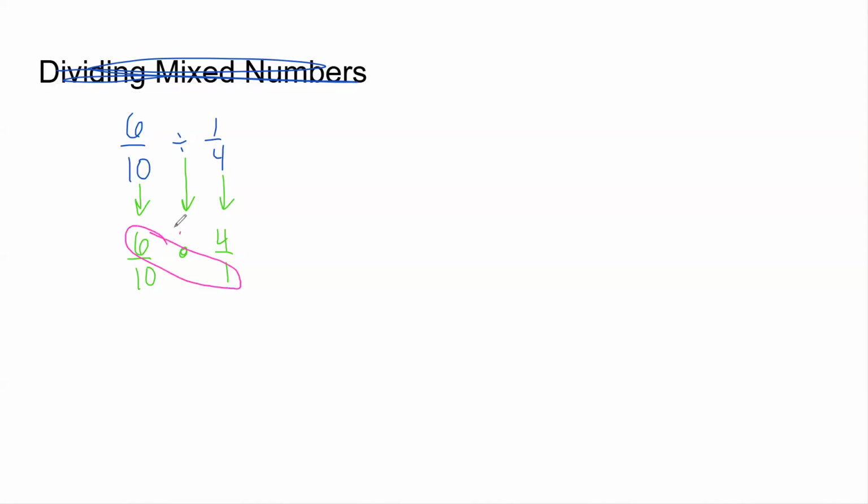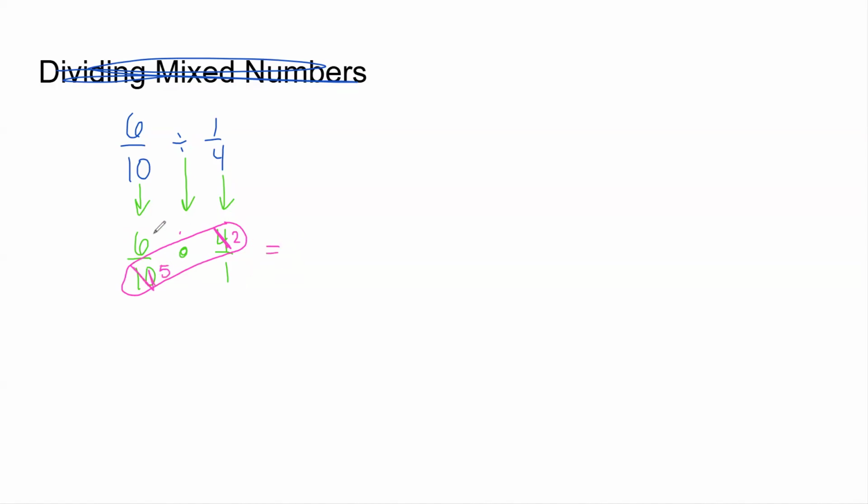Okay. So let's do 6/10 divide a fourth. So this is just regular dividing. 6/10 divide a fourth. Keep, change, flip. And then if you check crossways, 6 and 1, they won't have anything in common because again, nothing will with a 1. And this way, 10 and 4, well, they're both even. 4 divide 2 is 2. 10 divide 2 is 5.